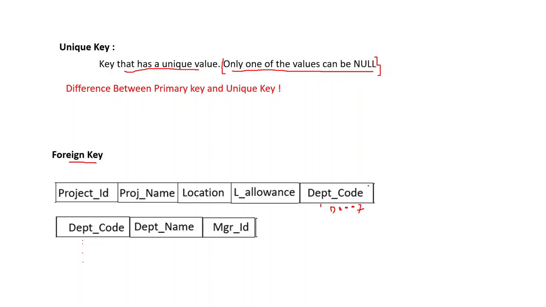So in order to contain those kind of errors, a foreign key has been introduced. So a foreign key is essentially any attribute, if you declare that to be foreign key, that attribute actually comes from another table where it is a primary key.